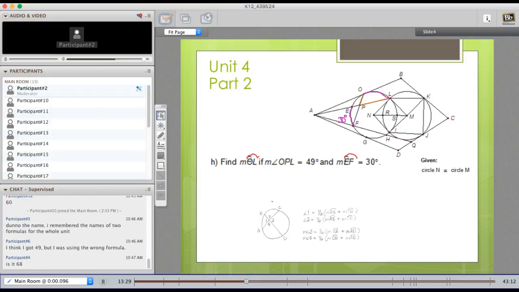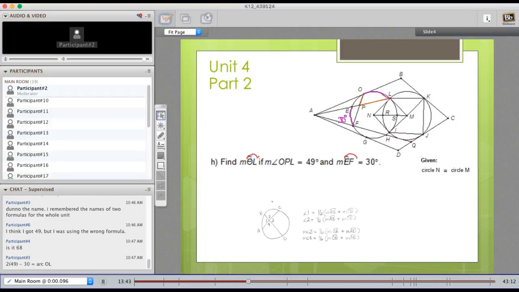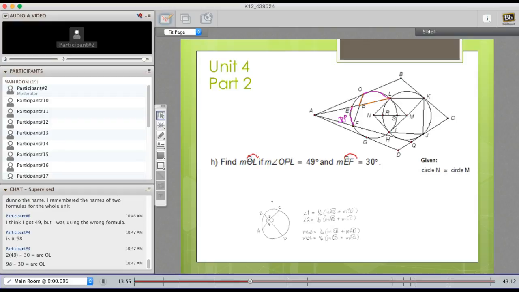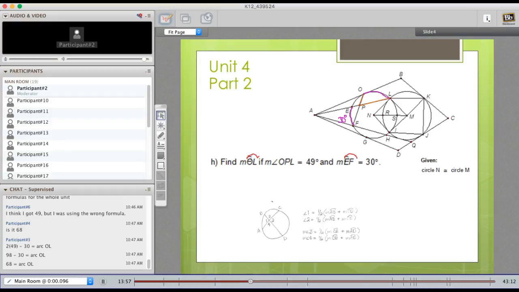Okay, so does that one look more like one of these? Look familiar? Is that what you were using, Ben, one of these? Yes, excellent.